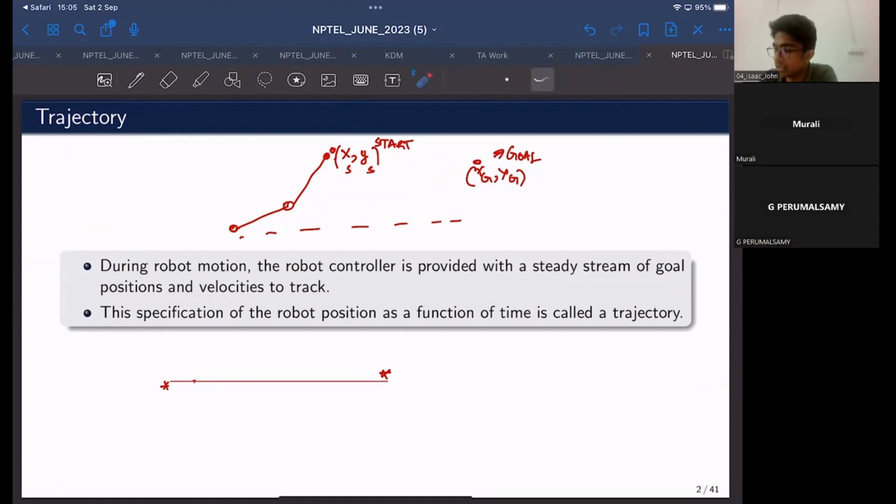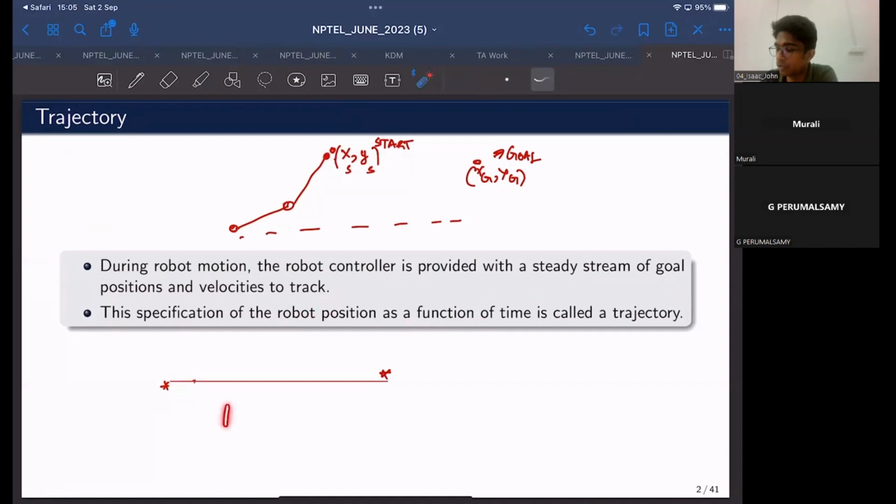So in a sense, the specification of a robot's position as a function of time is called a trajectory. The initial and the final endpoints are not sufficient, but you will also require the motion of a robot from the initial position to the final position as a function of time, right?